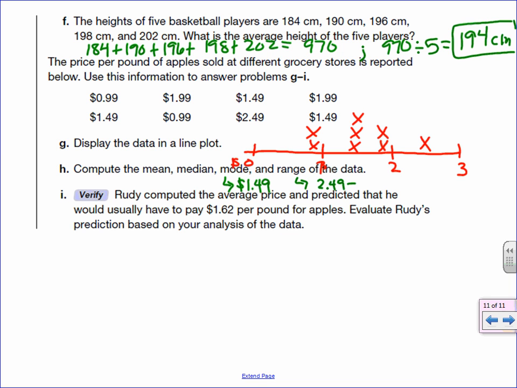The lowest one is 99 cents. So the difference there is 150. So that's the range.